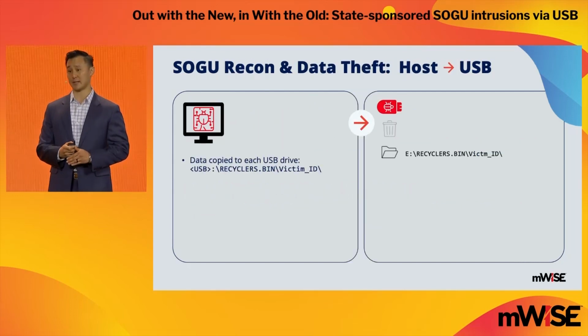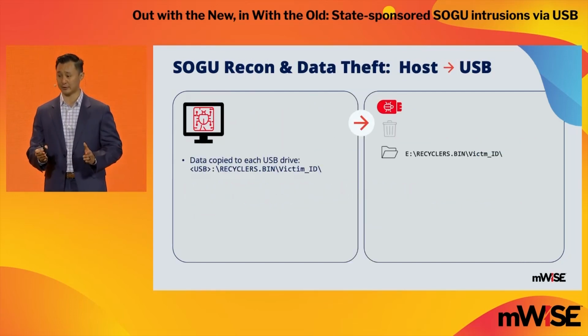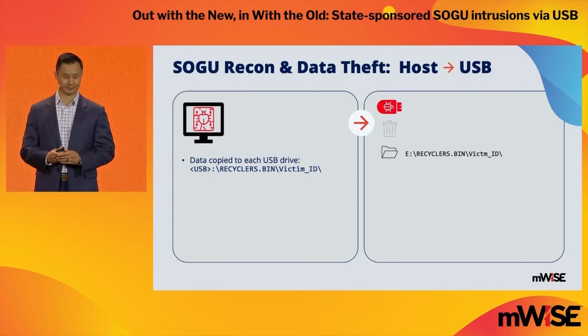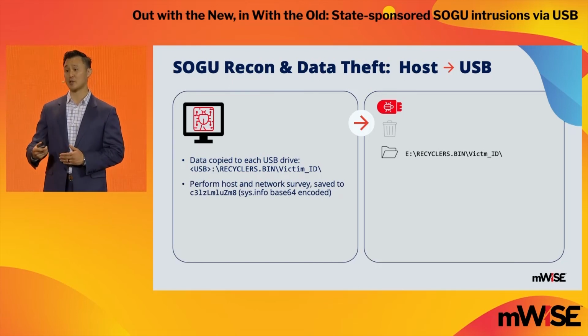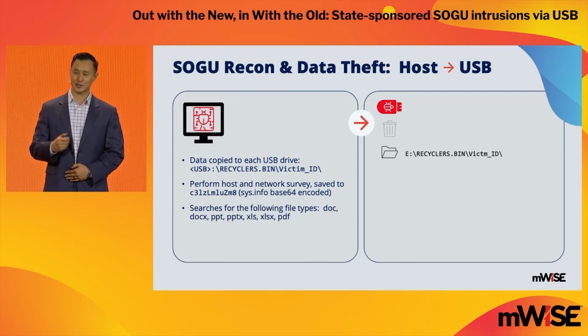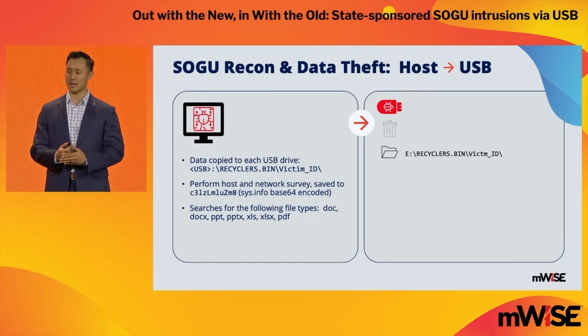So files are copied to that hidden recyclers bin folder under a subfolder using a randomly generated victim ID. It performs host and network reconnaissance on that host, saving it to that USB exfil directory. And then it searches for specific file types under approximately 300 megabytes.